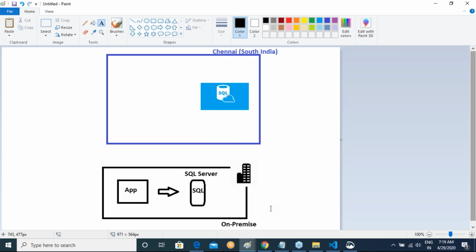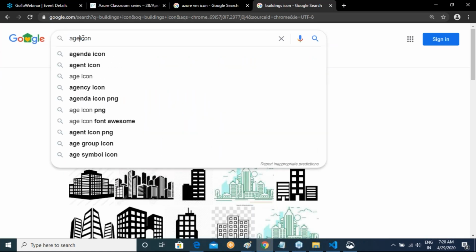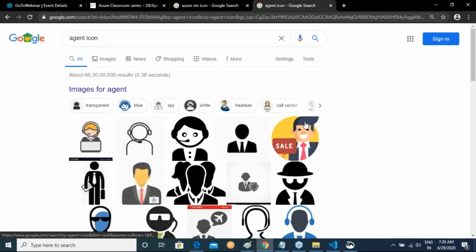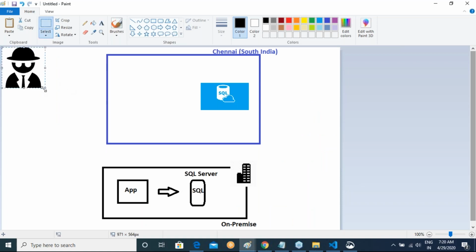This is where we would deal with something called Azure Data Sync. Let me call it agent. So we install the agent on this SQL server.